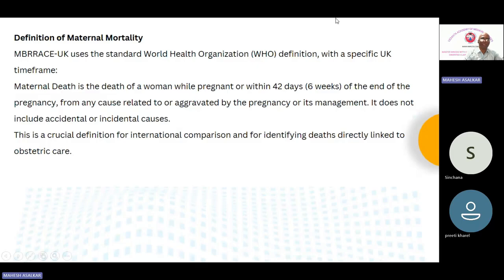Maternal death is the death of a woman while pregnant or within 42 days, that is 6 weeks, of the end of the pregnancy, from any cause related to or aggravated by the pregnancy or its management. It does not include accidental or incidental causes. This is the crucial definition for international comparison and for identifying deaths which are directly linked to obstetric care.